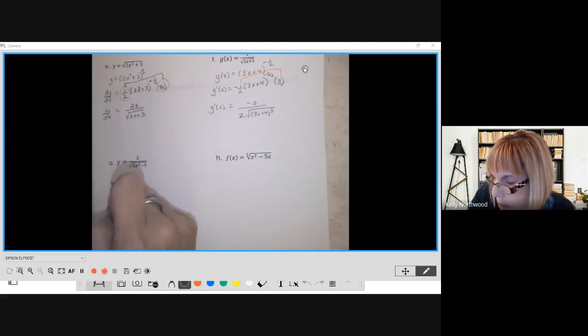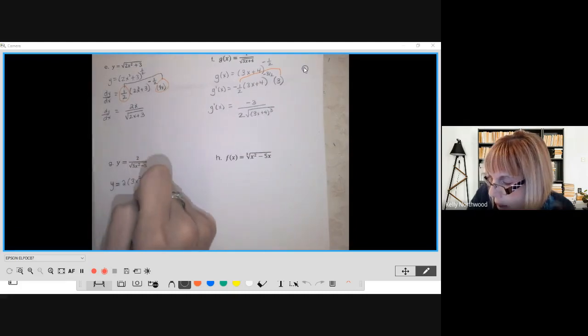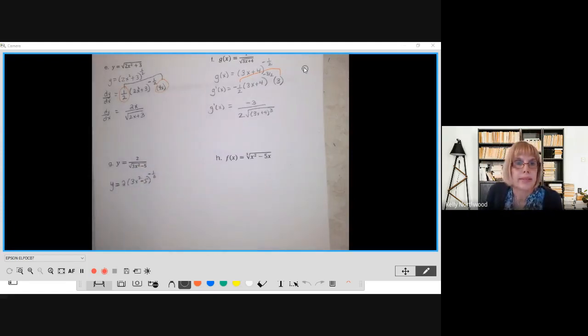No? Okay, so we're going to leave the 2. We're going to bring the 3x squared minus 5 up, but the exponent's going to be to the negative 1/2. Does that make sense?